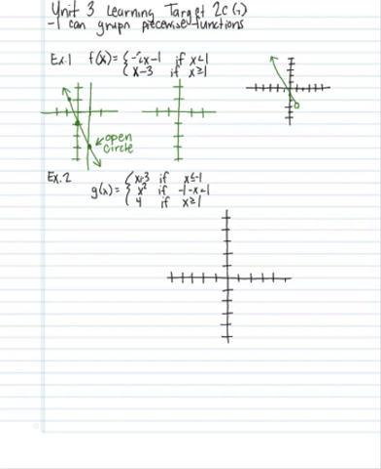So we'll go ahead and put a dot there. Our slope is 1, so that means we're going to move up 1, right 1, up 1, right 1, up 1, right 1. We could also move down 1, left 1. Then I'm going to draw a line connecting all of those dots.